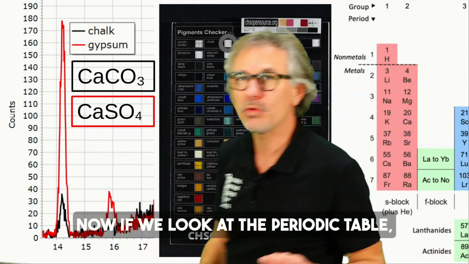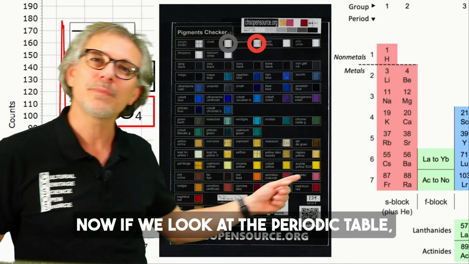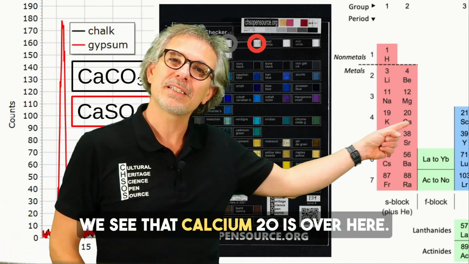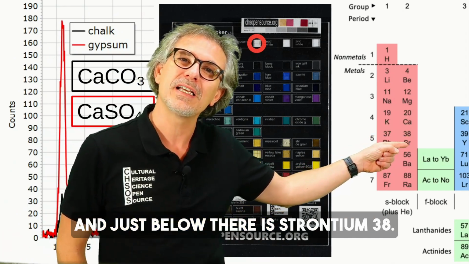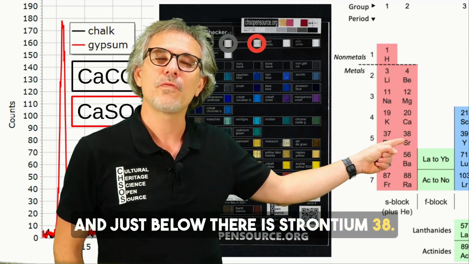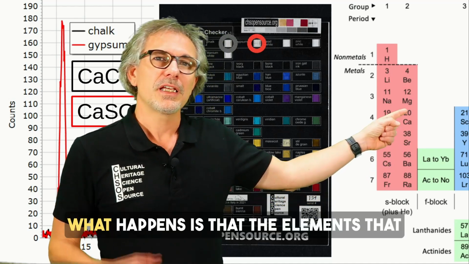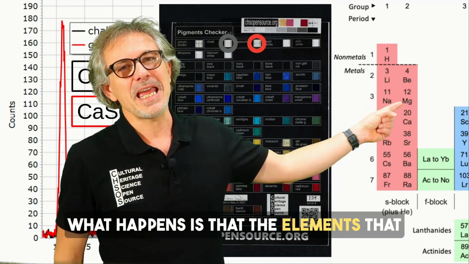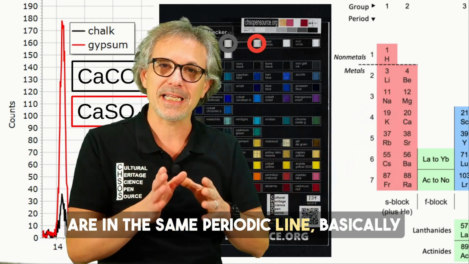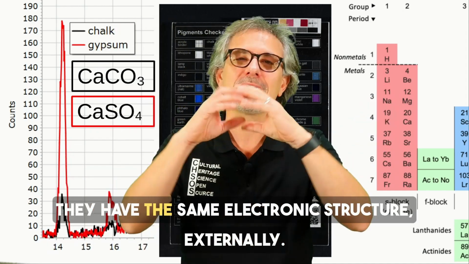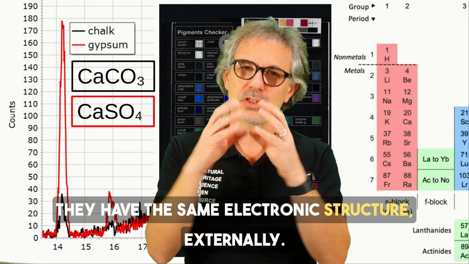Now, if we look at the periodic table, we see that calcium, 20, is over here, and just below it is strontium, 38. What happens is that elements in the same group basically have the same external electronic structure.